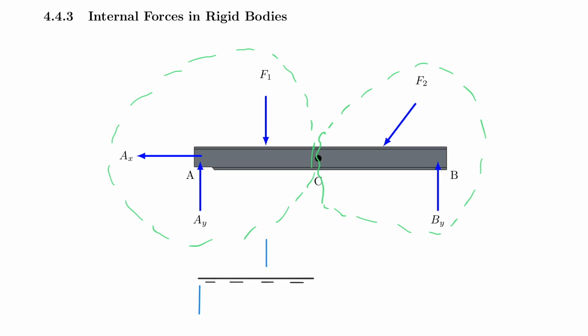So here I have F1, here I have usually RAY, and then here I have also in this case a force that points to the left, but in reality it points to the right because F2 is pointing to the left, and so we're balancing that with RAY. And from now on you understand that I cut the system here, which is really at location C. So this is location C.